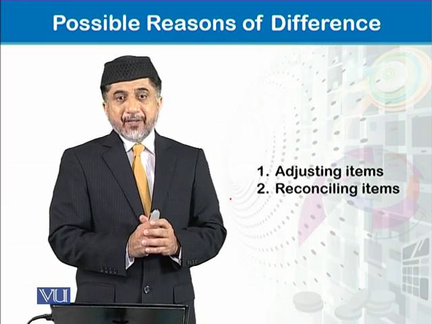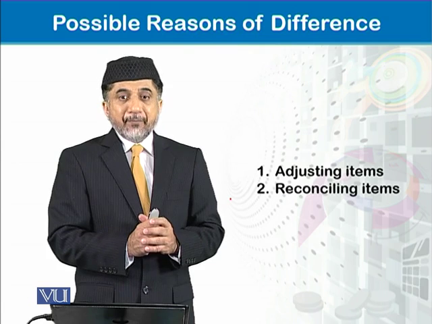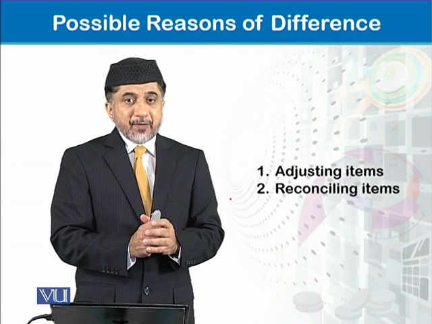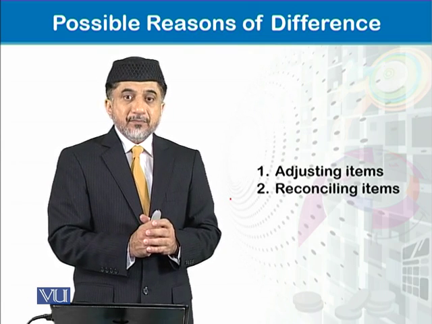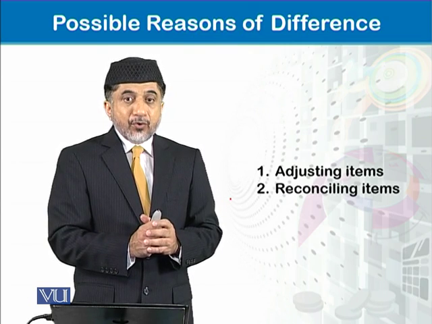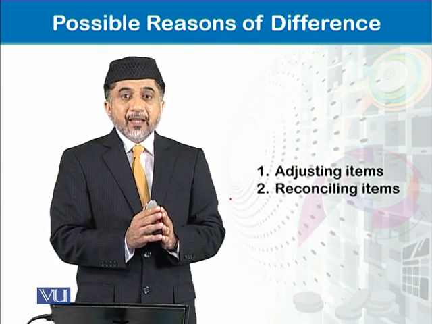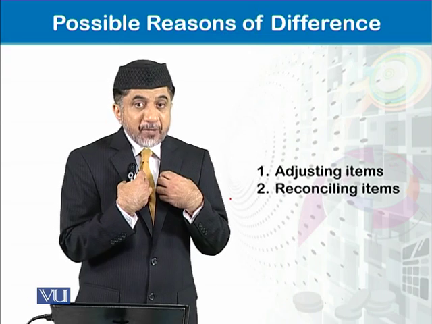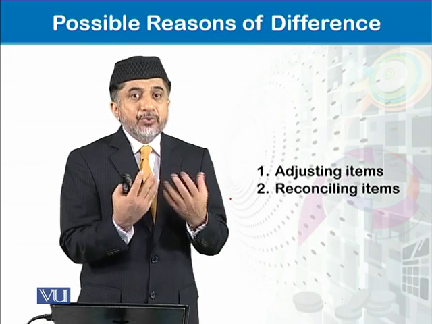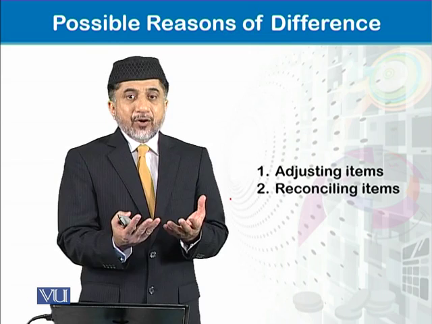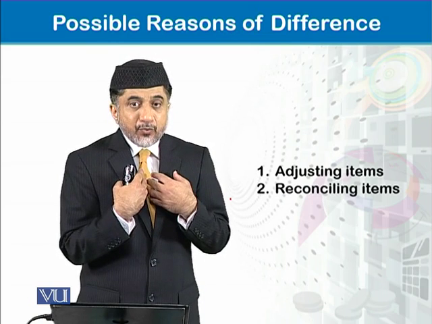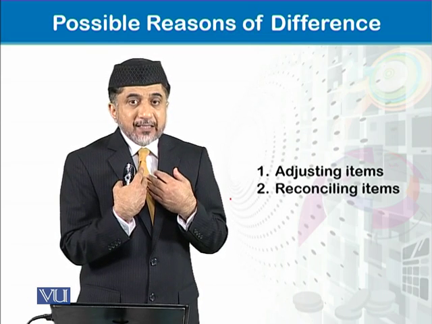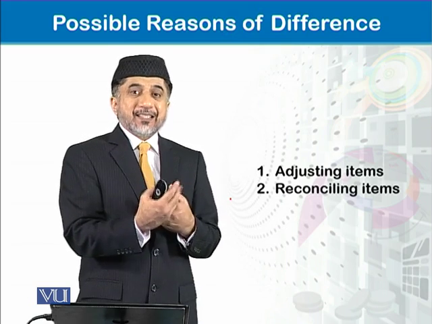Always remember that the bank reconciliation statement is prepared for the reasons in which the business accountant cannot do anything, or for the reasons to which the business accountant does not have any access.